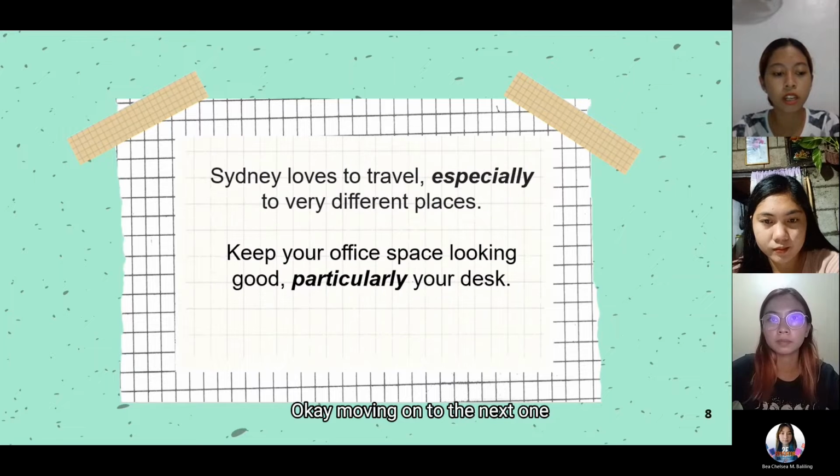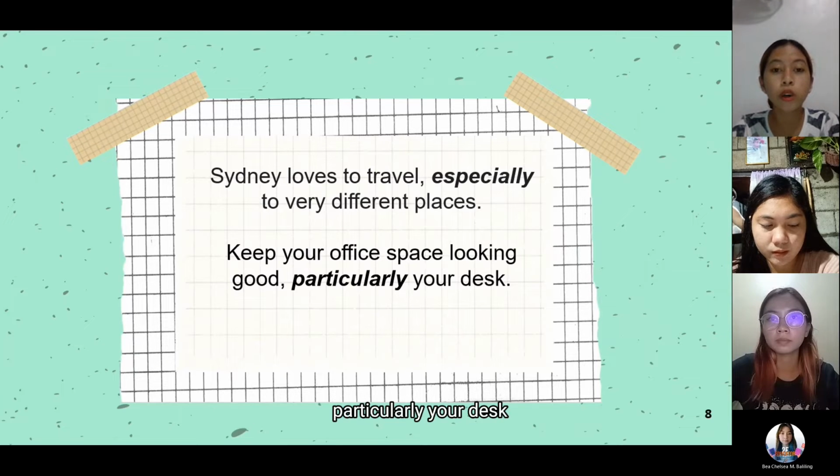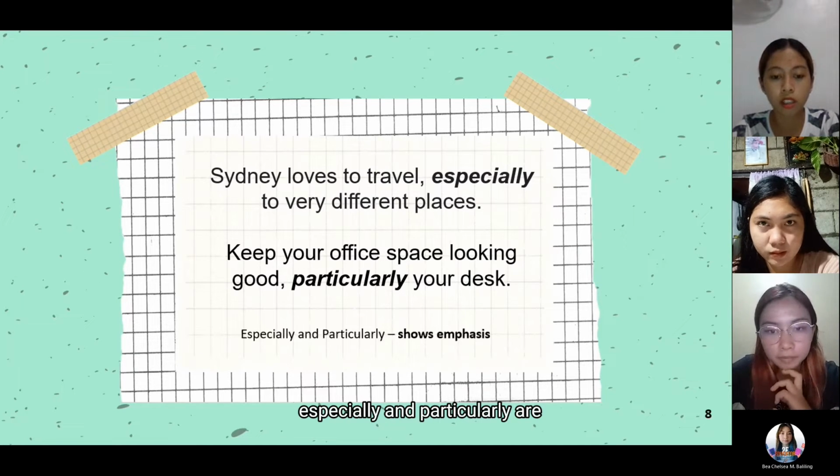Okay, moving on to the next one. Sydney loves to travel, especially to very different places. And the next one: keep your office space looking good, particularly your desk. Let us see what kind of linking words especially and particularly are.